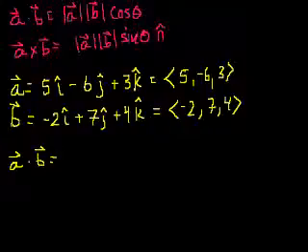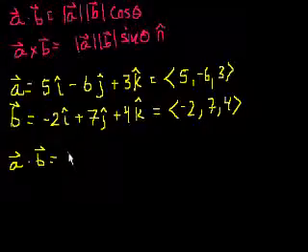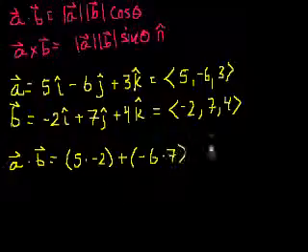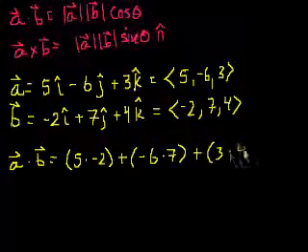This, I think you'll find fairly pleasant. All you do is you multiply the i components, add that to the j components multiplied, and then add that to the k components multiplied together. So it would be 5 times minus 2, plus minus 6 times 7, plus 3 times 4.